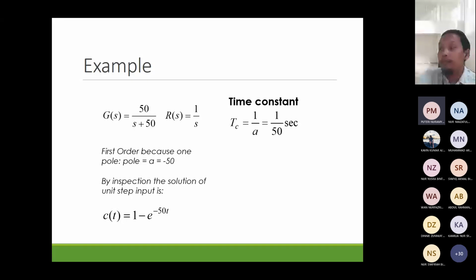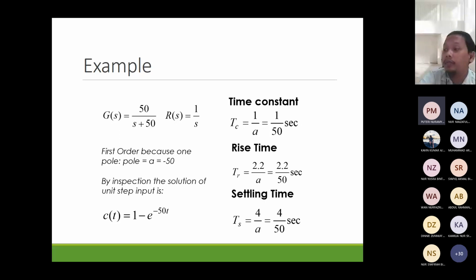Then the time constant is 1 over a, the rise time is 2.2 over a, or over 50, and the settling time is 4 over 50. Simple. This is how you find the parameters for a first order system. But you have to look at the transfer function. It must be in this form, a over s plus a.